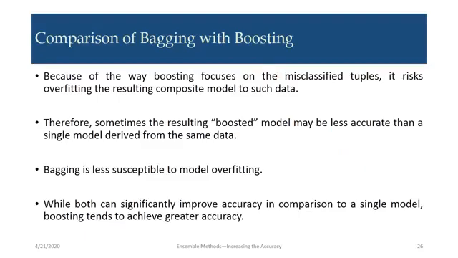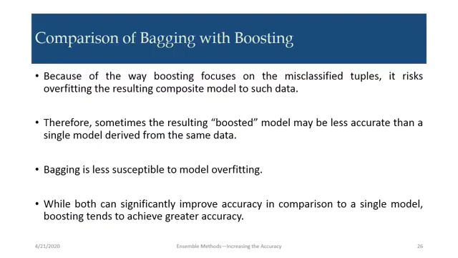Now we have completed the basic concepts with the algorithms, showing how bagging and boosting work to increase classification and prediction accuracy. Now, comparison of bagging with boosting. Because of the way boosting focuses on the misclassified tuples, it risks overfitting the resulting composite model to such data.